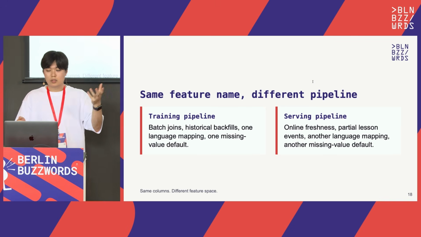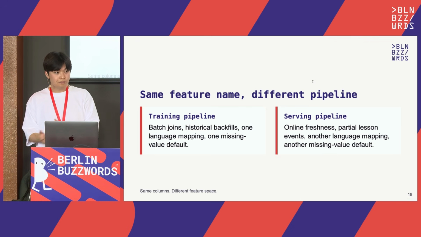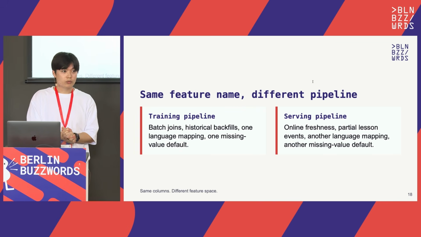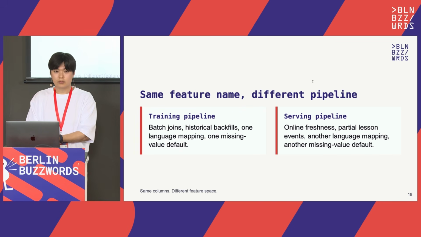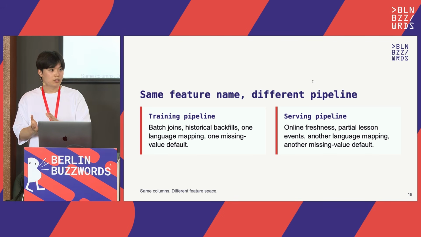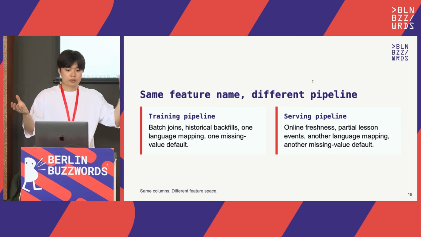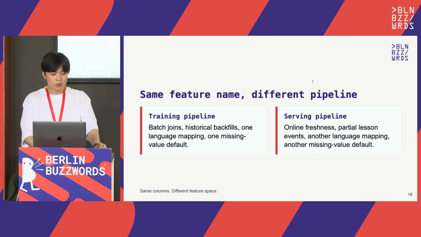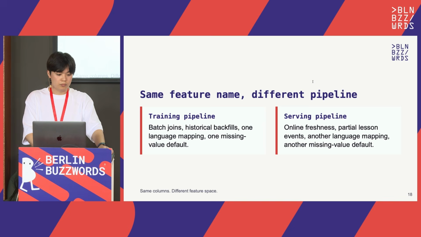However, with the product evolution, the serving pipeline started to encode it differently. For United States, it started to save it as United States. However, the training pipeline was still using the old encoding. So the model wasn't used to this data distribution, and it fails again in production.